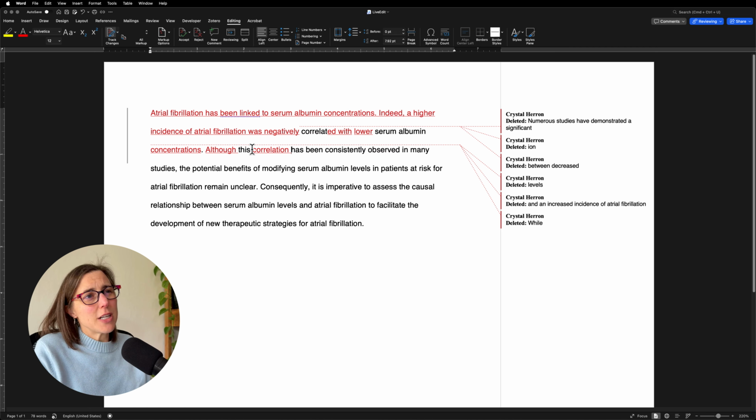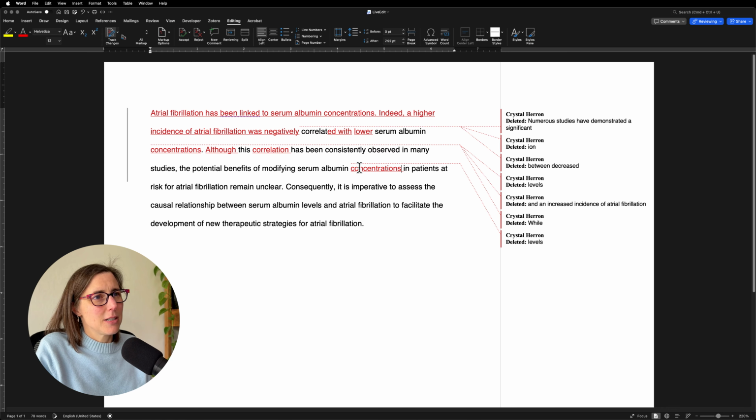So, "Although this correlation has been consistently observed in many studies," there are some things here that we could take out that we talked about last week, but I'm going to keep going and we'll come back to this. Then we have "the potential benefits of modifying serum albumin levels." We don't want "levels," so I'm going to change that right now: "by modifying serum albumin concentrations in patients at risk for atrial fibrillation remain unclear."